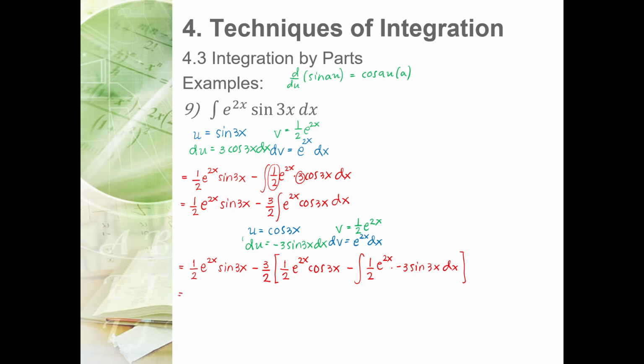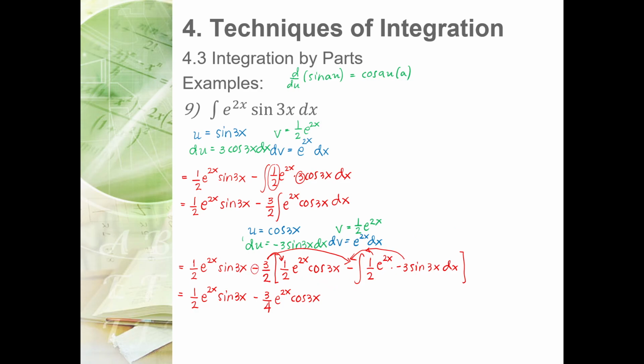So expanding, 1/2 e raised to 2x sine 3x. So 3/2 minus 1/2, that will be negative 3/4 e raised to the power of 2x cosine 3x. So negative 3/2 times the negative sign, and then 1/2, then times negative 3.